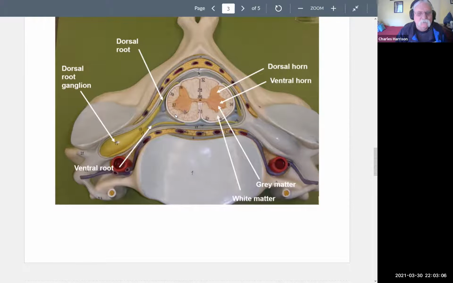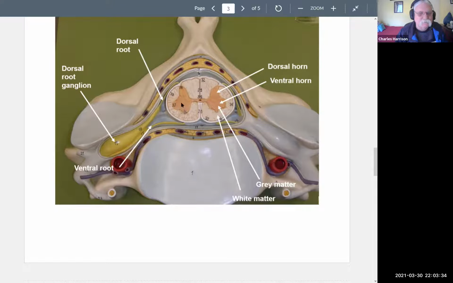Okay. We're right now just getting the names of these structures. The dorsal root is here. Dorsal horn is here. Ventral horn is here. This arrow points to more gray matter, and this to more white matter.